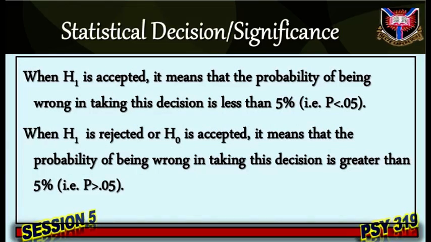When H1 is accepted, it means that the probability of being wrong in taking this decision is less than 5%, that is, P is less than 0.05. On the other hand, when H1 is rejected or H0 is accepted, it means that the probability of being wrong in taking this decision is greater than 5%, that is, P is greater than 0.05.